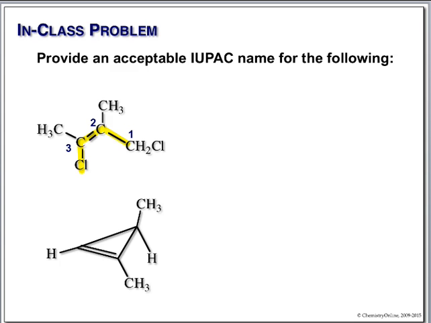Go ahead and write it. Z is our stereochemistry, 1,3-dichloro, 2-methyl, 2-butene.